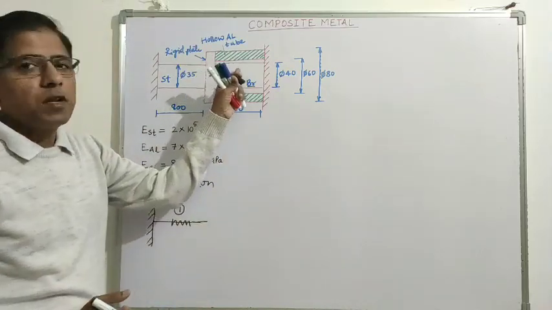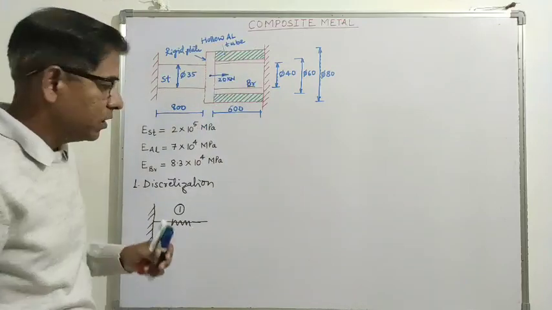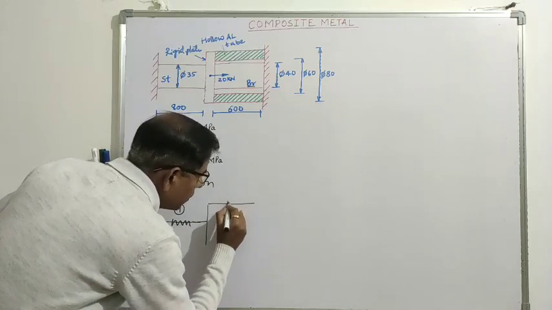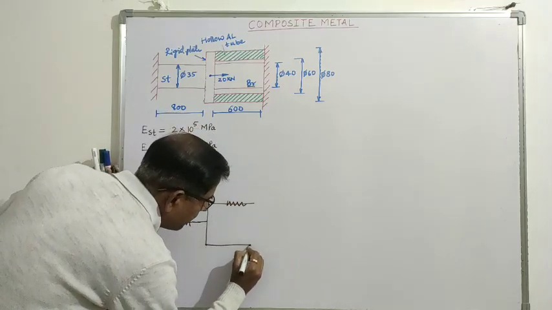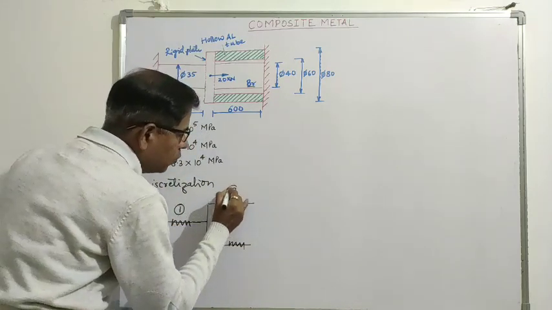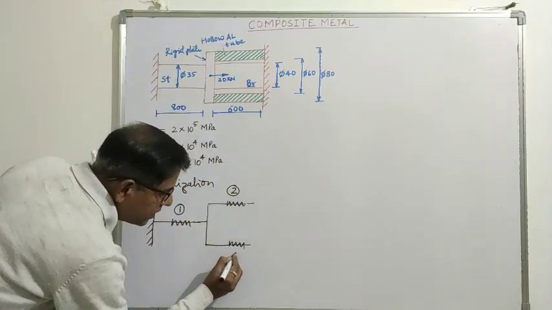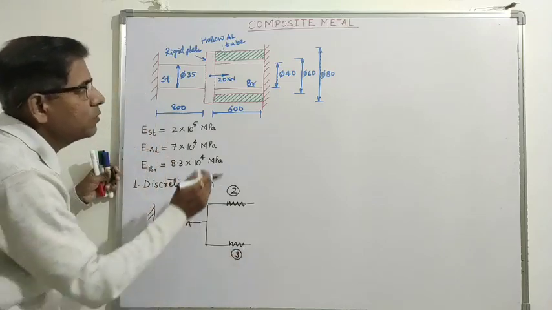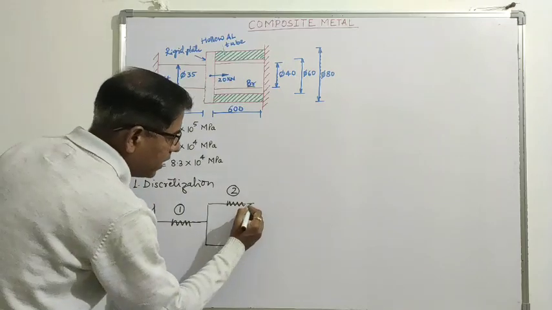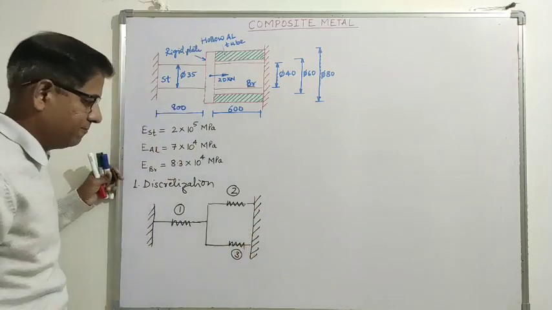But in this particular problem the components are parallel, so we have to arrange the two elements in parallel. This is element number 2, the aluminium hollow tube, and this is element number 3, the brass rod. Both these ends are fixed.